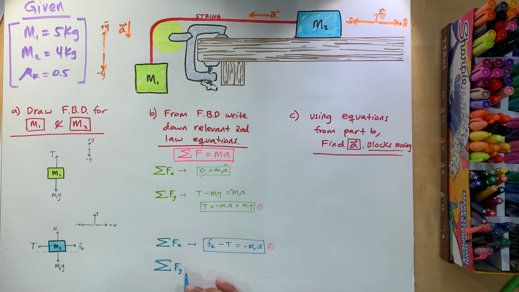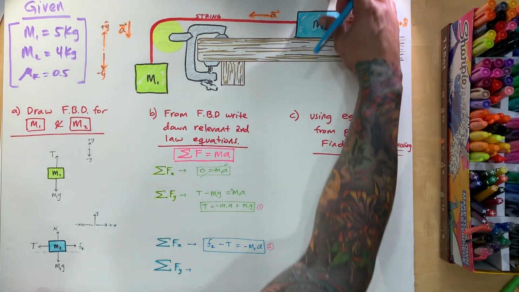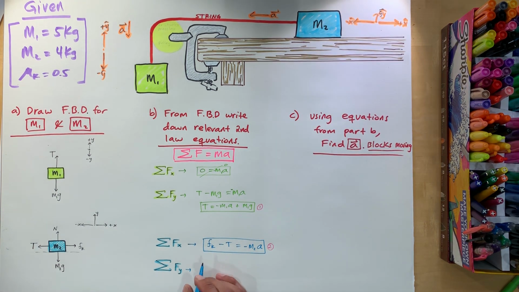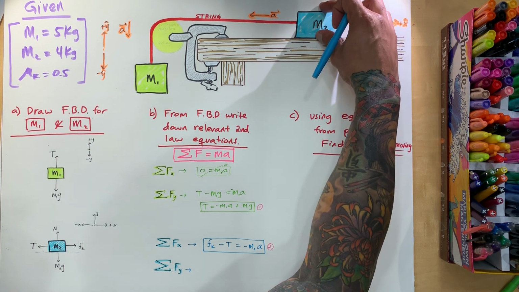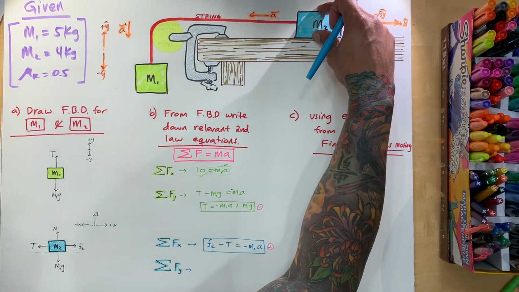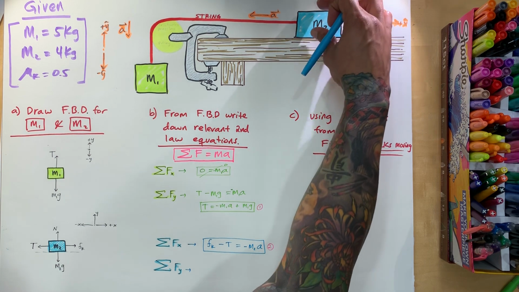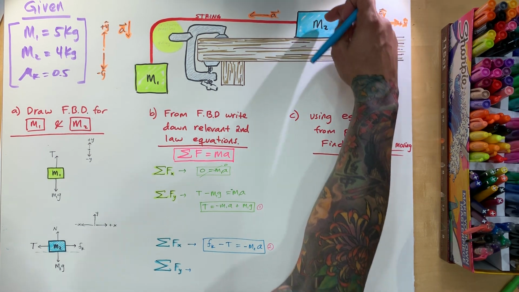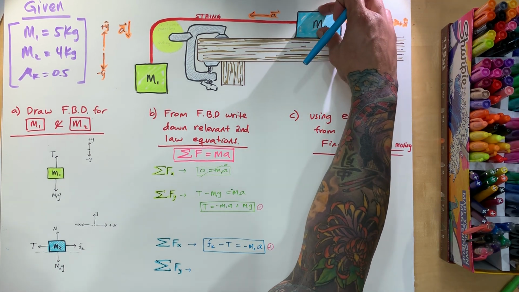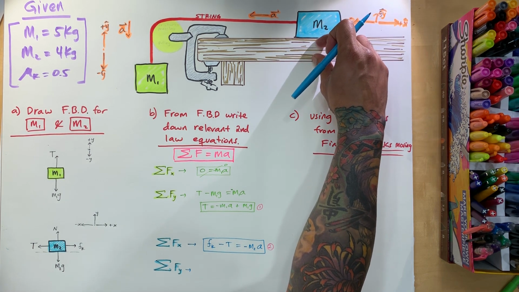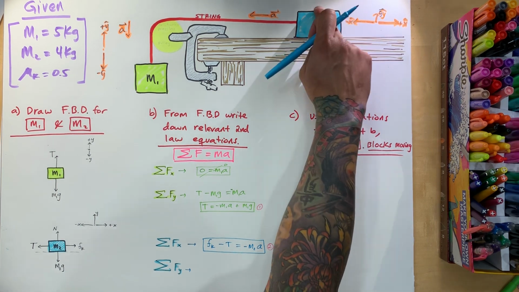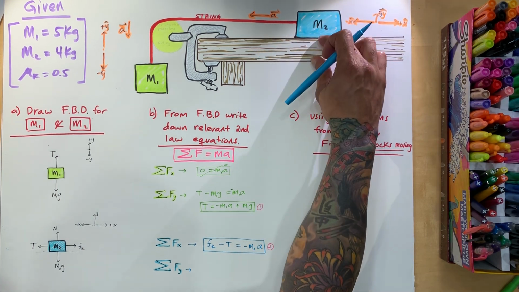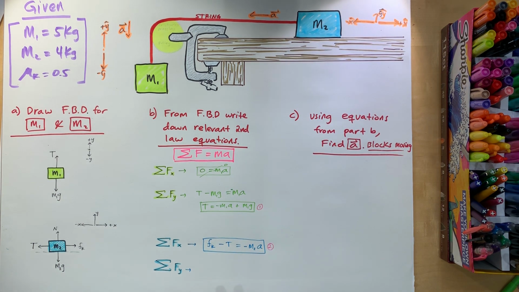All right, then we got in the y direction. So this box here, what's its force up and down? Well, we know that it's not moving up and down, right? It's just going like that, but it does have forces applied to it that are keeping it stable on this table. You got mg going down, which is the box pushing down on the table, and the table is like, hey, I'm gonna push back with the normal force, and that's from the table to the mass.